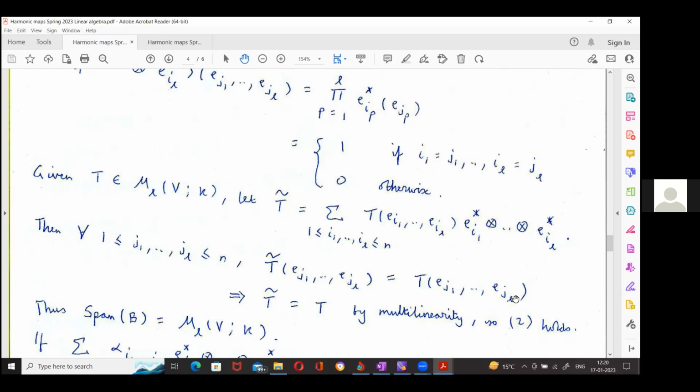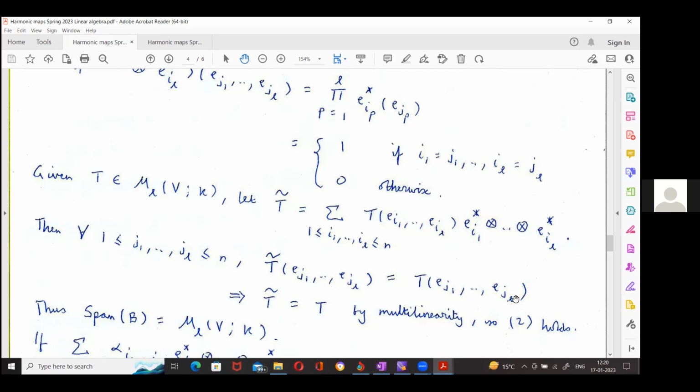But both are multilinear functions. So if they agree on all L tuples of basis elements, by multilinearity they agree everywhere. Is that clear? Yeah, just by multilinearity: you take any L tuple of vectors, write them with respect to the basis, then expand using multilinearity.